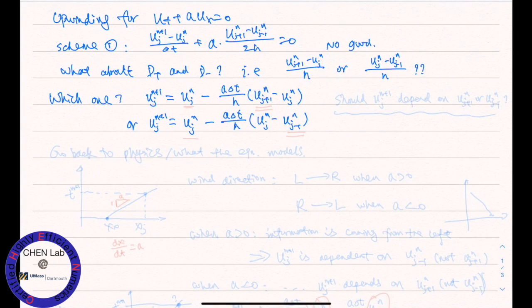If you take a good look, here u_j^{n+1} is in terms of u_j^n and u_{j+1}^n. Here it is in terms of u_j^n and u_{j-1}^n.